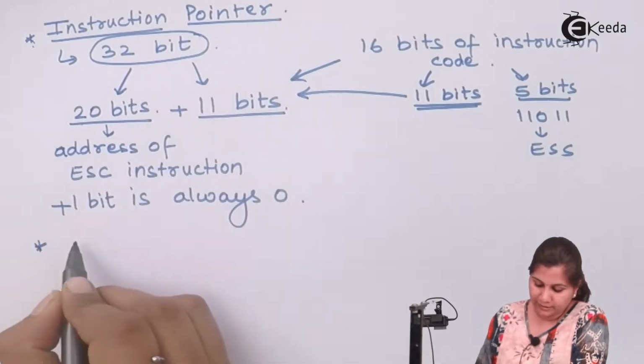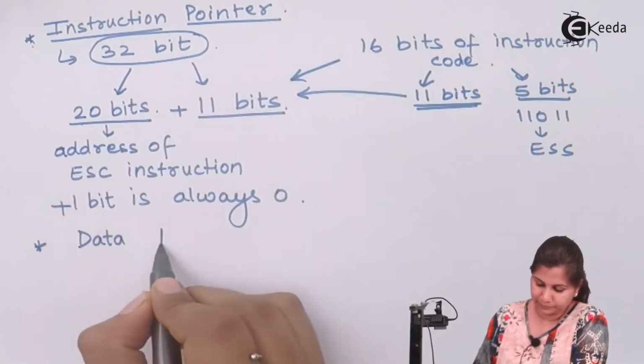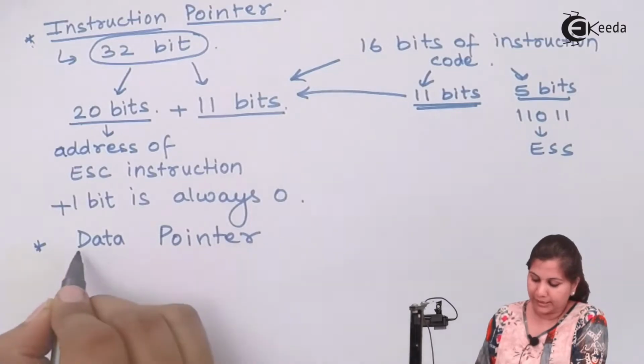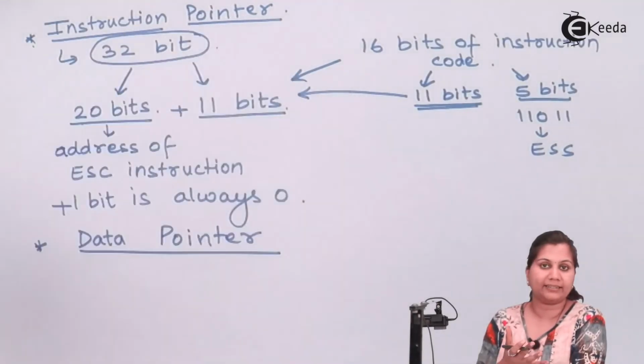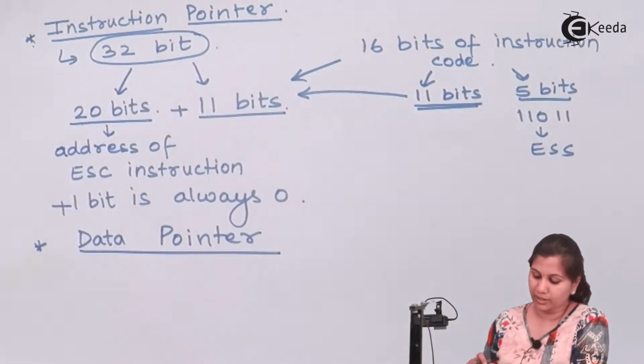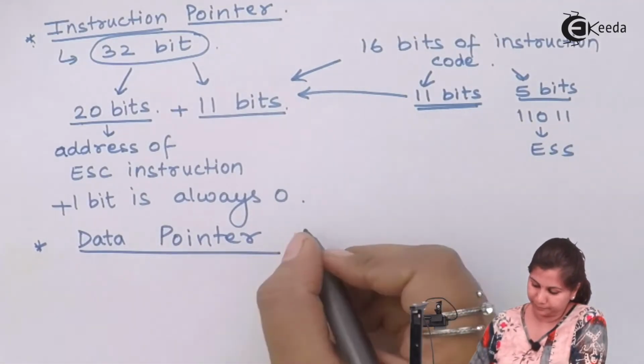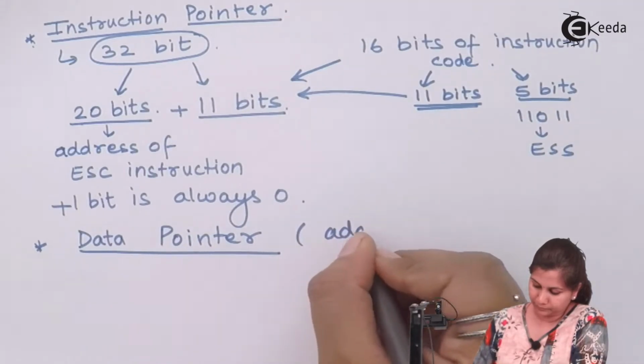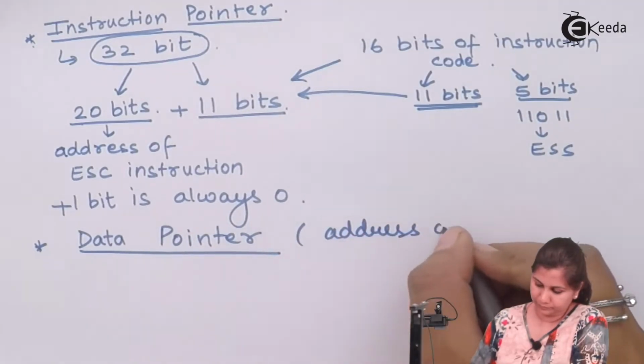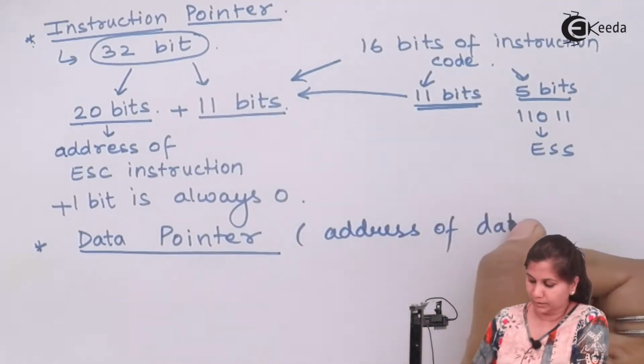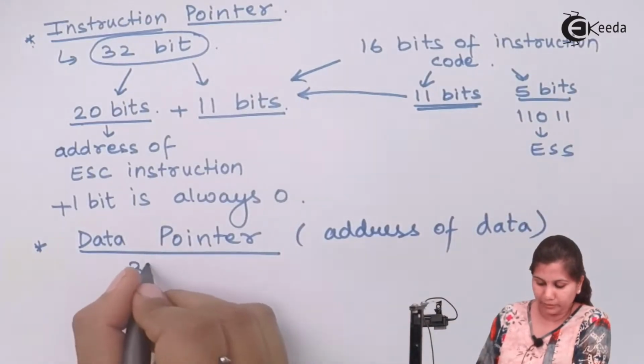Another pointer is the data pointer. Just like the instruction pointer carries the address of the instruction, the data pointer carries the address of the data. It is also 32 bits.